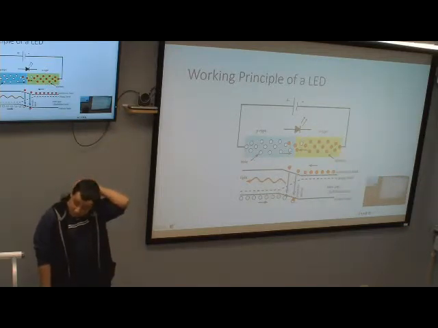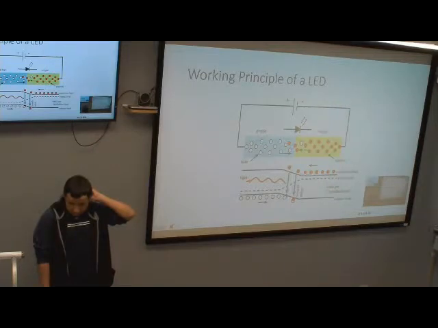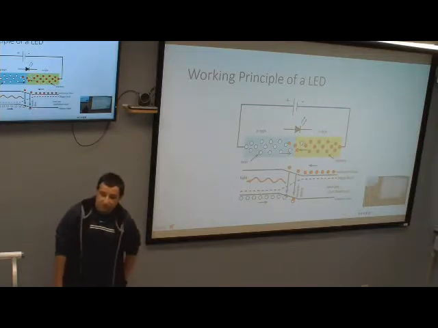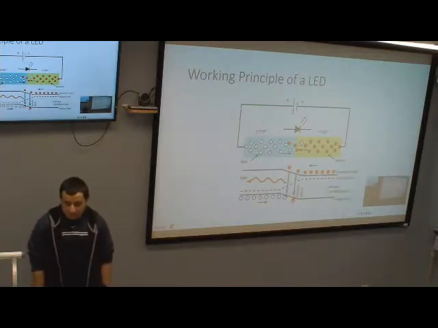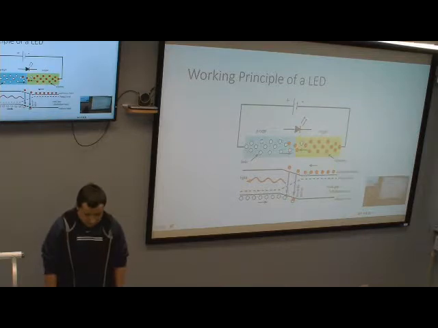So first you tell perovskites are popular, they have some features, people cite them like crazy. And then if you fabricate a diode out of perovskite, then you can ask the audience, do you remember what a diode is?